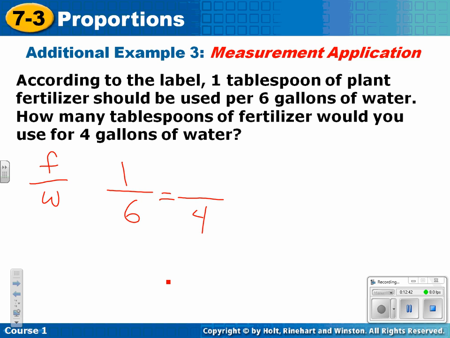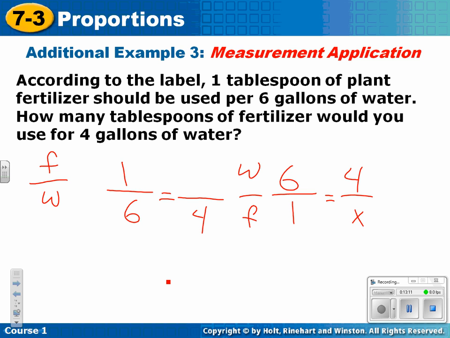Now, would it have mattered if I would have done it like this? Does that make a difference? No, actually it doesn't. Because here I've got water on top and fertilizer on the bottom. It doesn't really matter as long as I keep the water in the same row and the fertilizer in the same row.